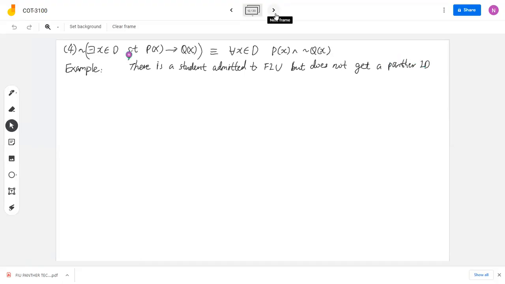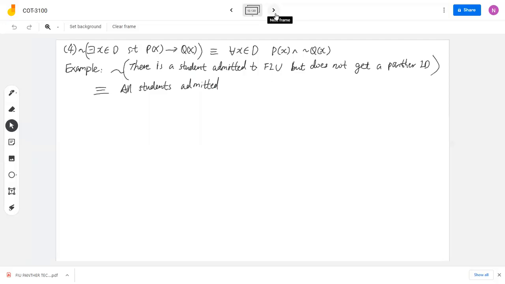You want to negate this statement, and what you want to say is for all students admitted.